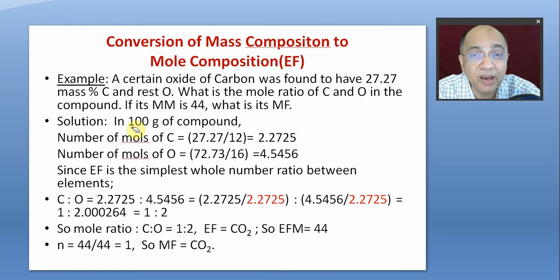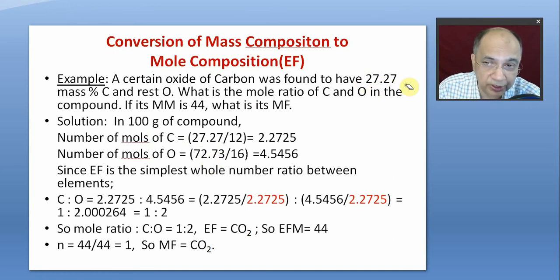But you can as well take 1 gram of the compound and analyze how much of each element is present. Now in 100 gram, there is 27.27 gram of carbon. So the percentage of carbon is 27.27. And how many moles?